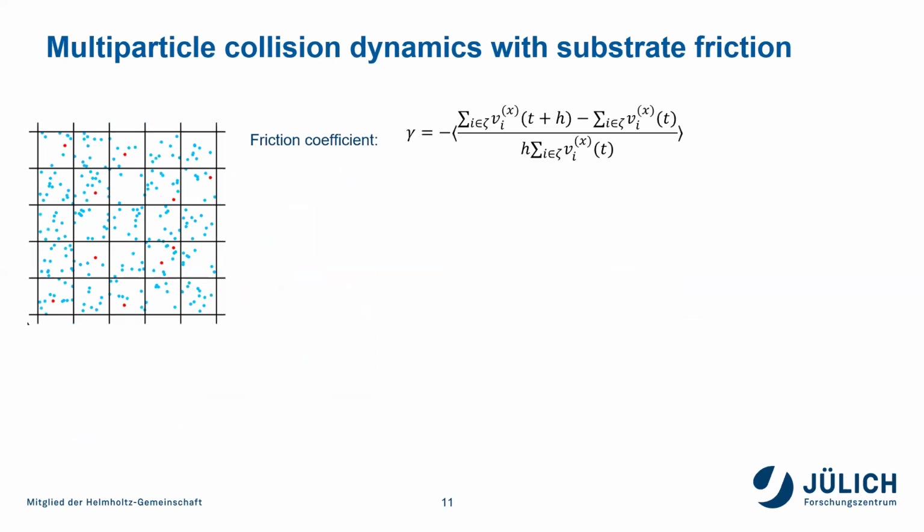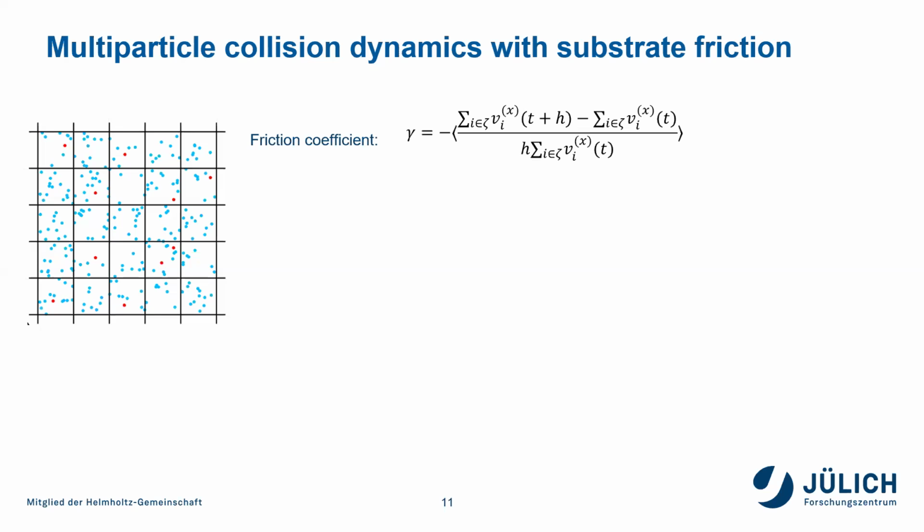And how to calculate the friction is relatively easy because it's the momentum transferred on average in one of these collisions. So how much momentum was before and after the collision. MPC is done such that if you have no virtual particles, that's exactly 0. So it conserves linear momentum locally.